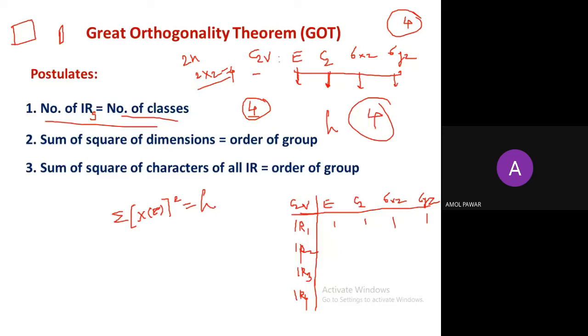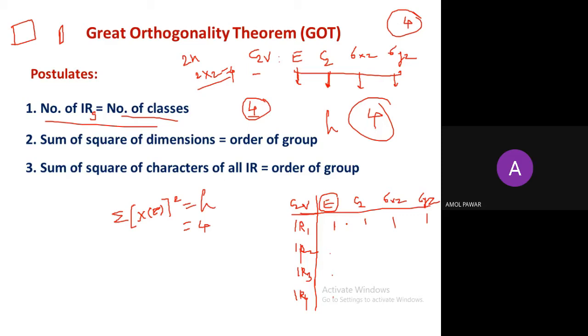The rule is sum of square of dimensions is equal to order of group, and we know here the order is 4. Now see, for identity, how many characters are there? Here we have to write character 1, character 2, character 3, and character 4. But we do not know the values of these characters.